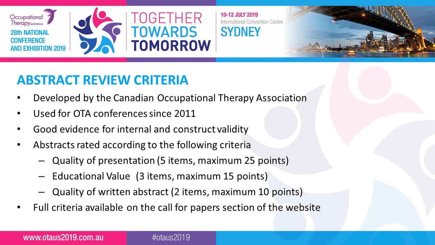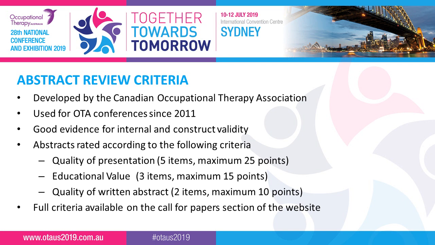We've done some research studies into the internal and construct validity of the abstract review criteria as a rating instrument, and there's quite solid evidence for its internal and construct validity, which is really helpful to know and should give you confidence that the review process is both fair and robust in terms of using a good instrument.